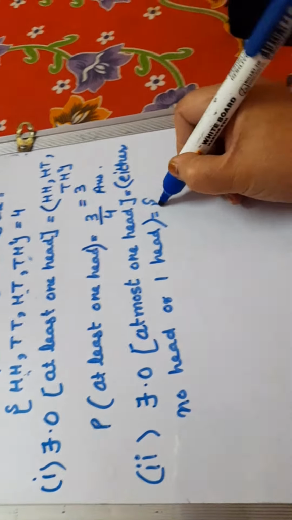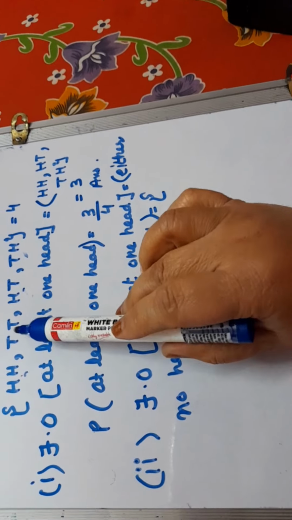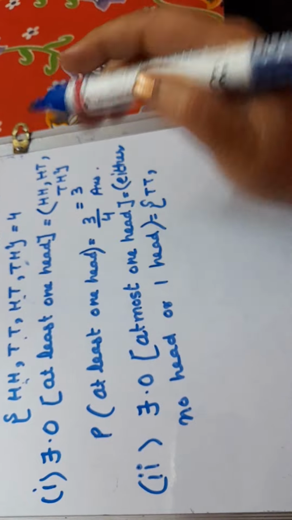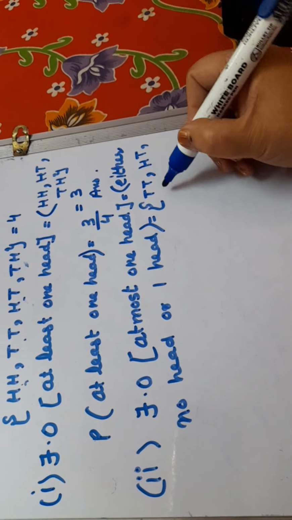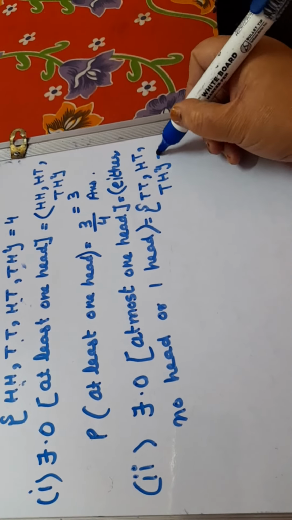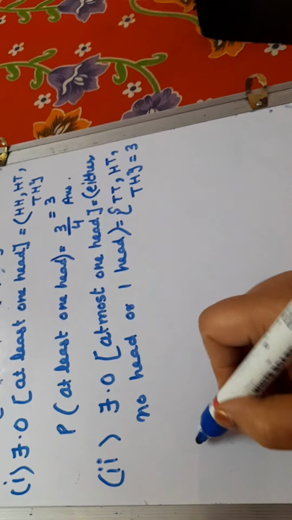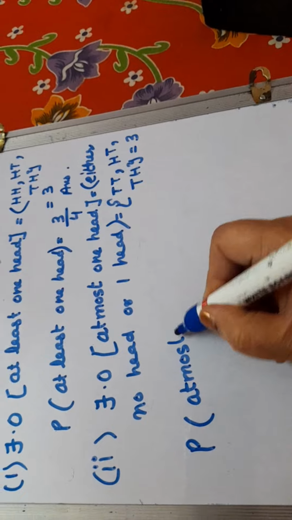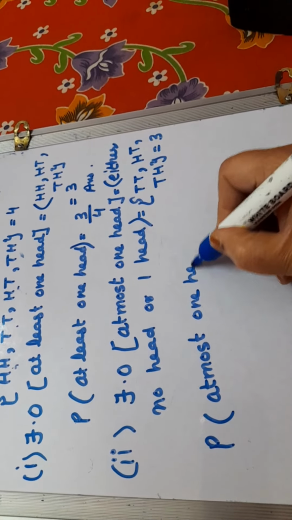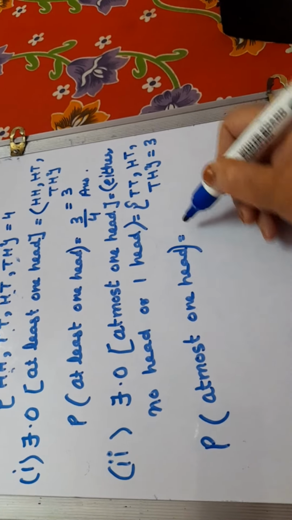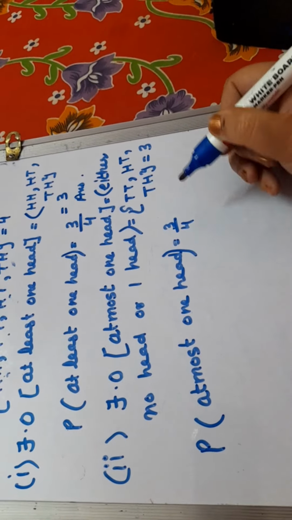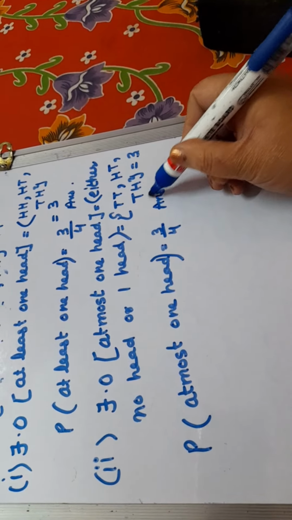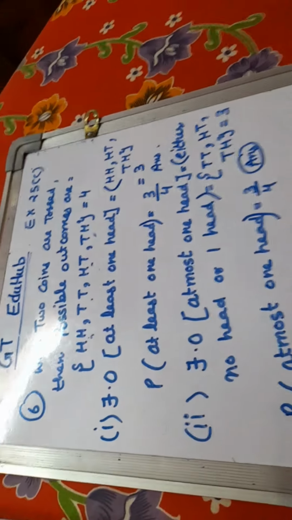So हमारे outcomes होंगे tail tail because no head here, or one head, HT and TH. That is total 3. So probability of at most one head will be favorable outcome upon total outcome, that is 3 upon total outcomes 4. So 3/4 will be our final answer.